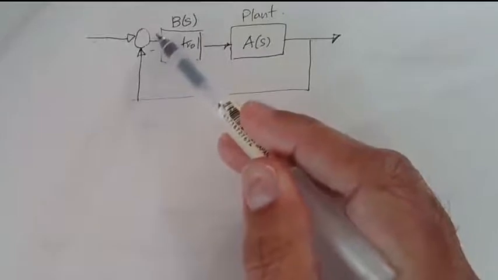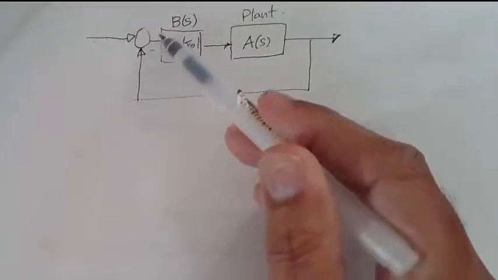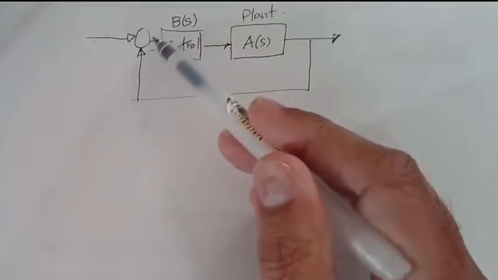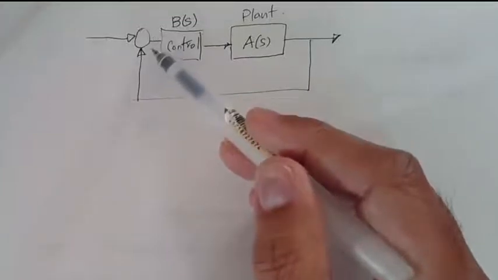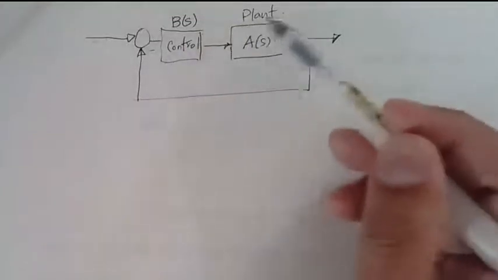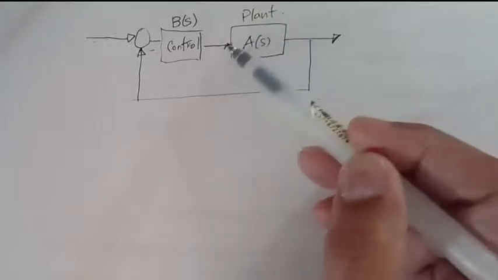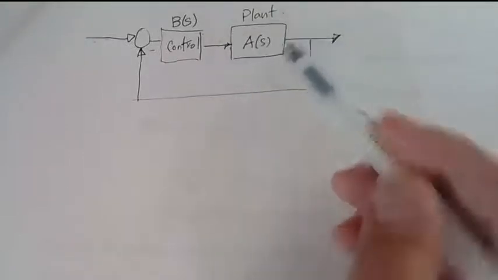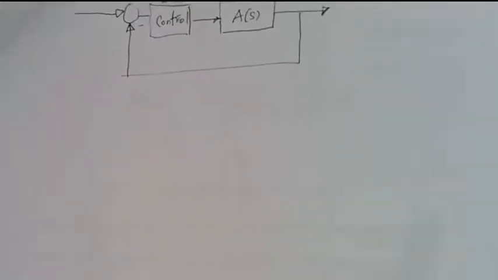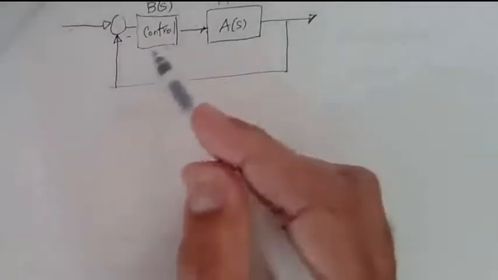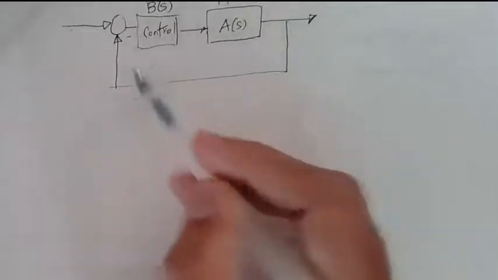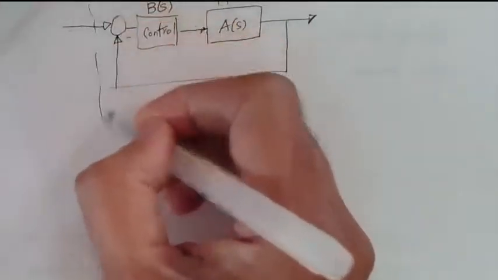Basically increases the force being put out by the motor, or decreases the force being put out by the motor, in order to, in that case, the plant is your car, and in order to make the car move faster or slower, right? And we'll look at this particular example a little bit more. But before we do that, let's go through and figure out what the overall transfer function for this system is.